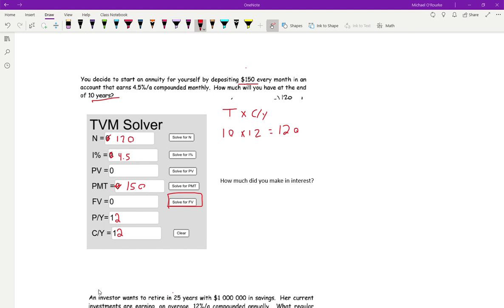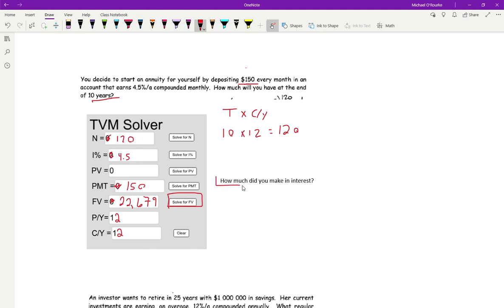So let's punch this in. 120, 4.5%, 150, 12, 12. And our number here is 22,679. 22,679 is our total.